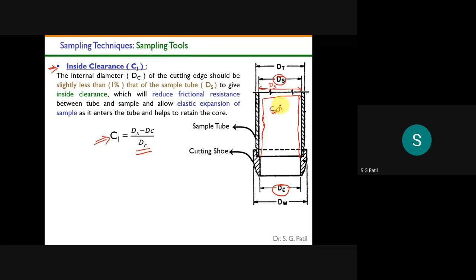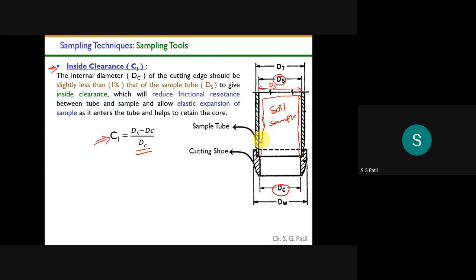This is the soil sample. We are providing some space here between the inside diameter of your sample tube and the sample itself, because once the soil sample enters inside the tube, it has some tendency to expand.